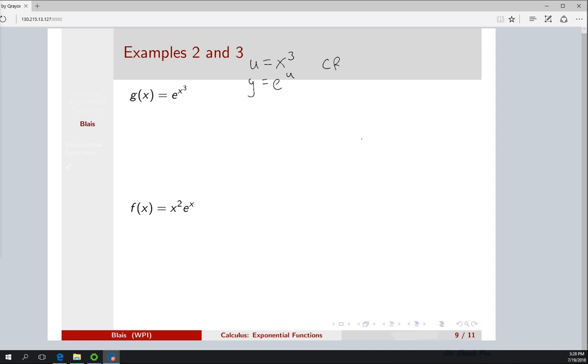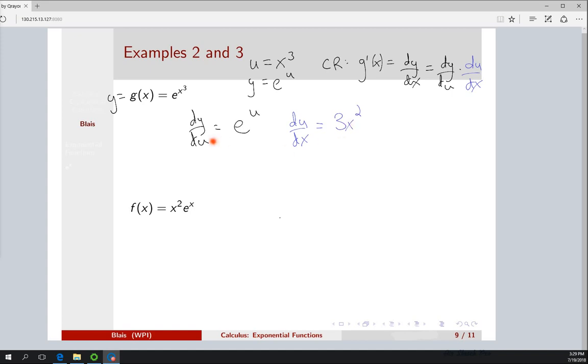So our chain rule says, if we say y is g of x, g prime of x, which is dy dx, is dy du times du dx. Now dy du, from the rules we just developed, we know dy du is e to the u. That's this very special property of the natural exponential. And then du dx from power rule is 3x squared.